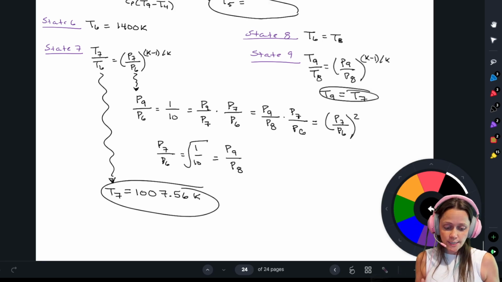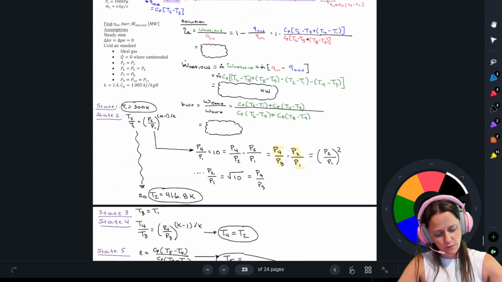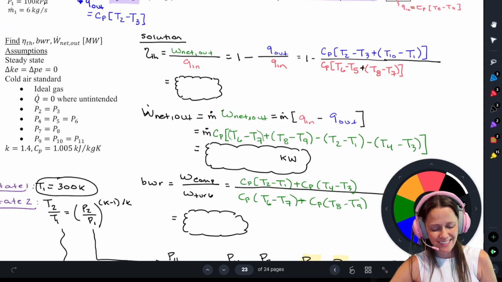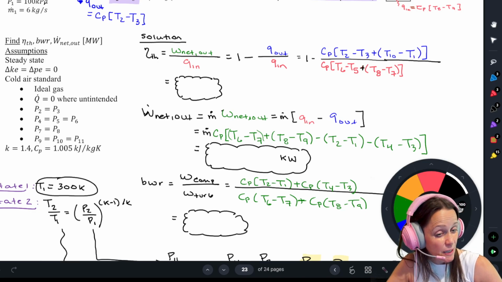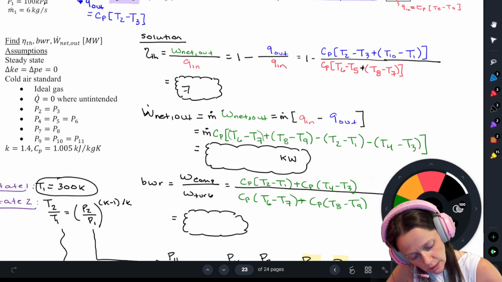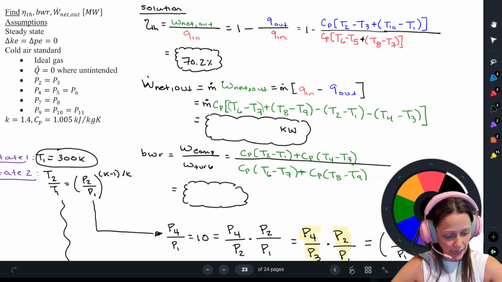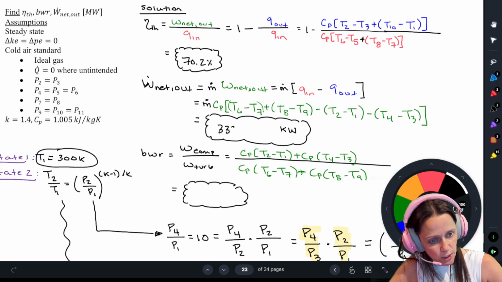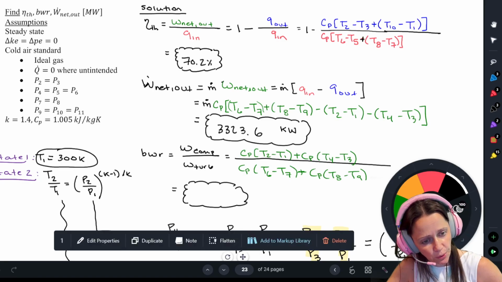So when I plug things in, I know we're about 15 minutes over, but better late than never, right? I got a thermal efficiency of 70.2%. I've got a W dot out of 3.6 kilowatts and a backwork ratio of 29.8%.